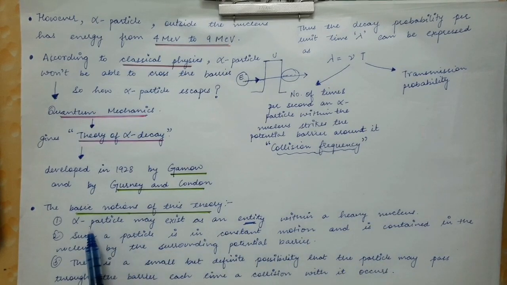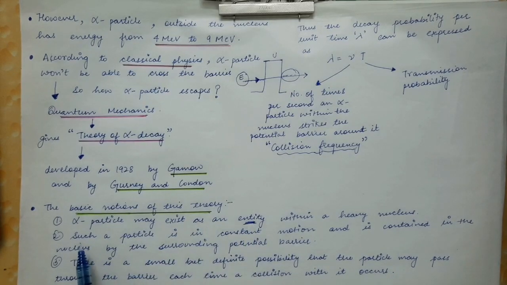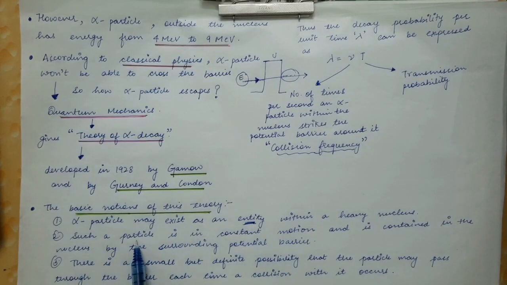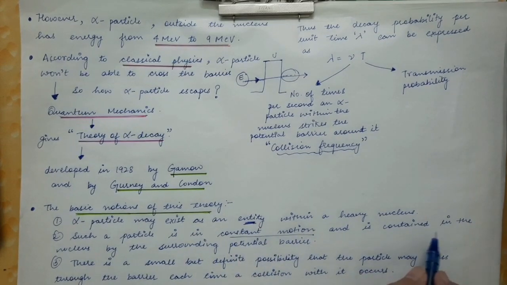So the first assumption is that the alpha particle is already present inside the nucleus as an entity. The second assumption is that such an alpha particle is always in constant motion and is contained in the nucleus by the surrounding potential barrier.